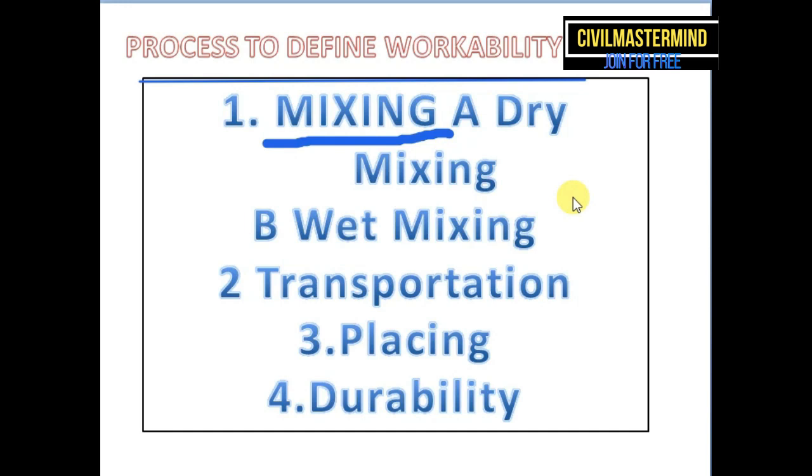Then finally, it has to be compacted, and compaction decides the durability of that particular sample. So this is a very short and brief description of what actually the workability of cement is.